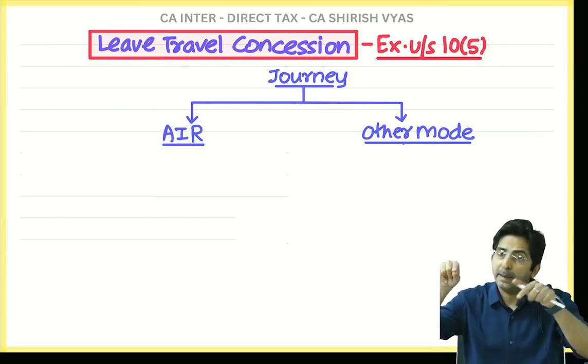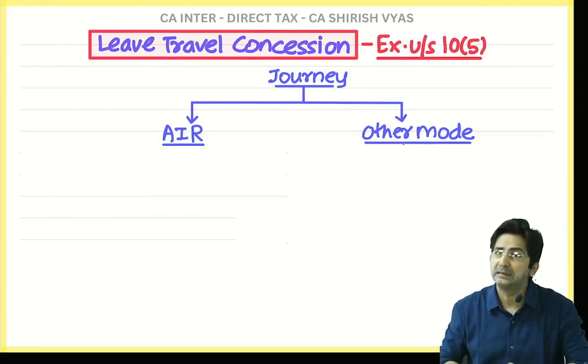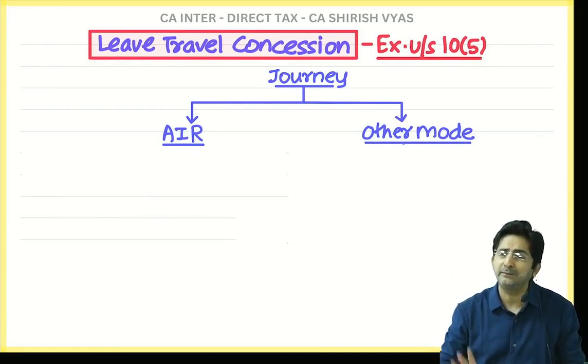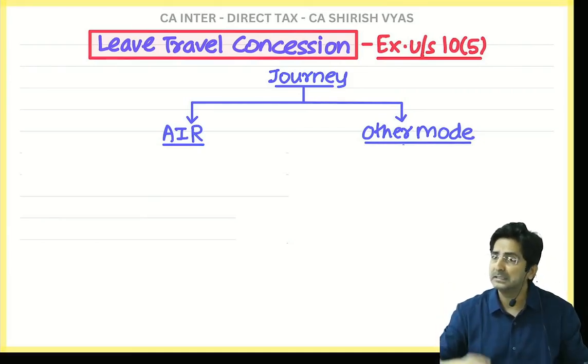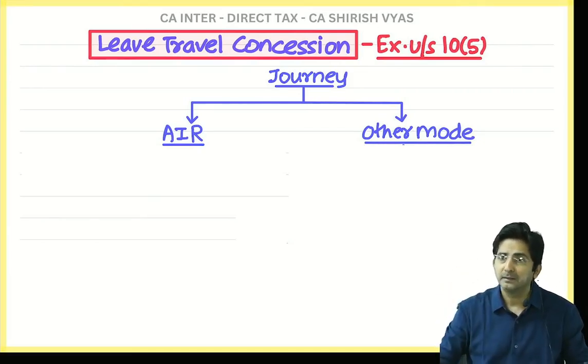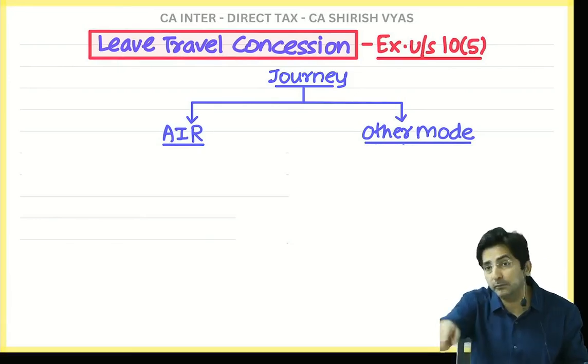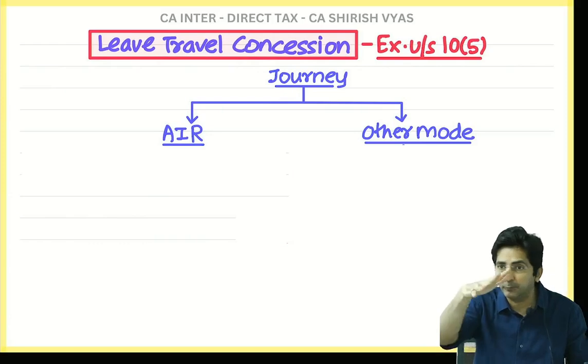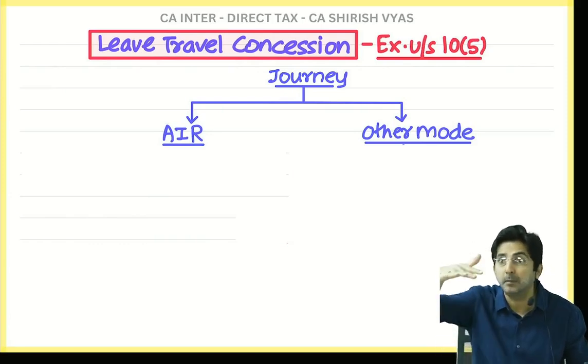But tell me, if the employee himself is so miser, he says, no, I will go by sleeper class. Sleeper class is cheap. He went by sleeper class only. He went by general coach. General coach is again cheaper. Then if you spend less, then exemption will be less. So these fares which I was saying, first class AC rail fare and so on, they are the maximum limits.